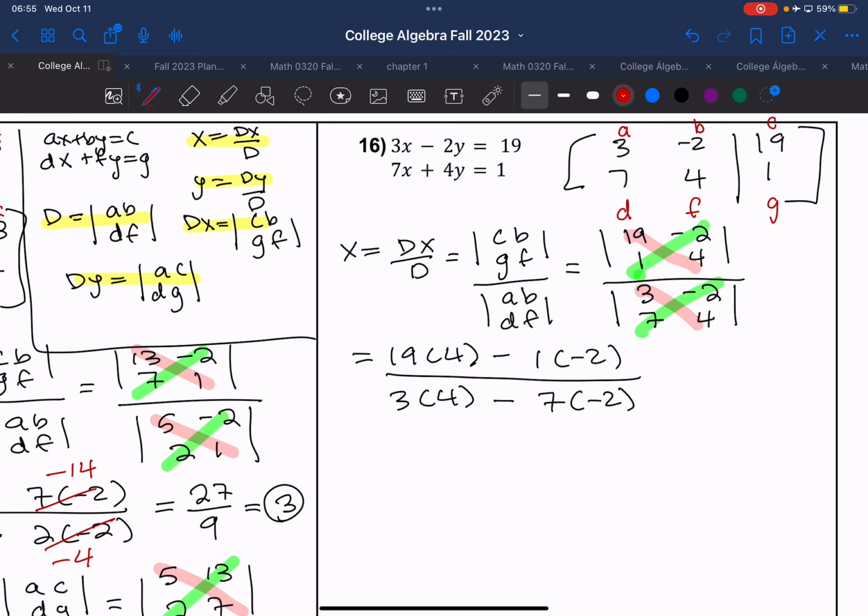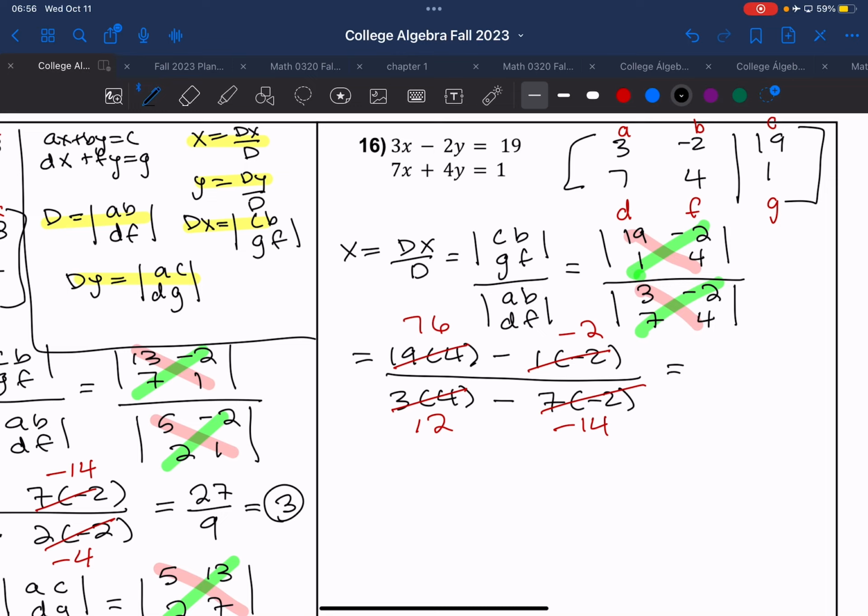And that was just me writing out the step of our diagonals. So then simplifying, I have 19 times 4, which is 76. 1 times -2, which is -2. 3 times 4, which is 12. And 7 times -2, which is -14. So simplifying this, I have 76 minus -2.